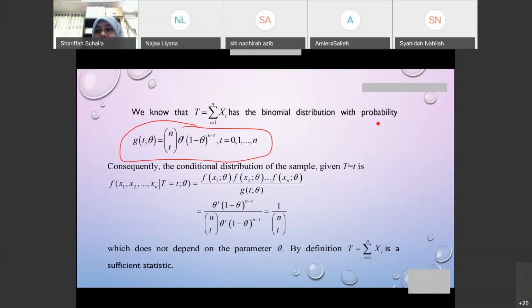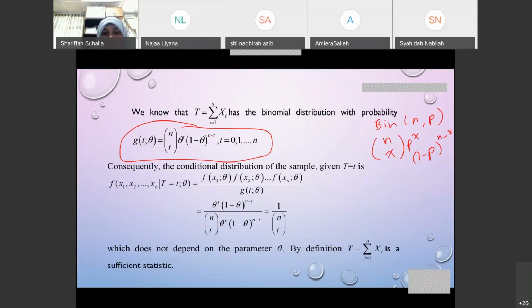Kalau binomial kan kamu ada normally lah, kamu ada n choose x, okay, p to the power x, and then you have 1 minus p, n minus x. That one. So the same thing. Now your t is equal to summation si. So kita akan ada n choose t, theta to the power t, 1 minus theta, n minus t, where your t is equal to 0 up to n. Okay, because it's already coming as binomial distribution.